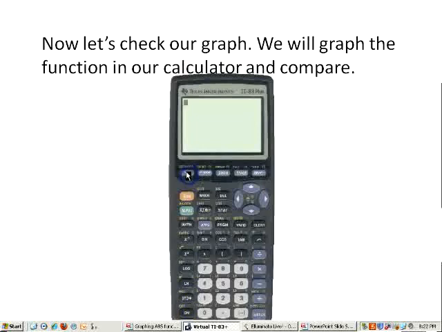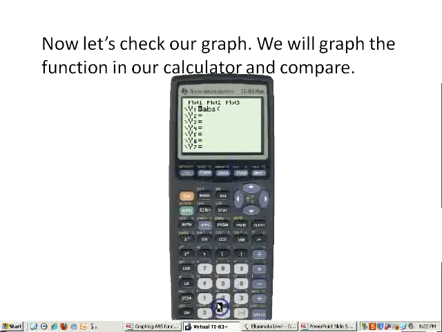I want to go to my y equals screen, turn the calculator on, then go to y equals screen, and I want to type in the absolute value function. The absolute value function is under the math key, so I go to math, then arrow over 1 time to the num column, and absolute value is the first function there, ABS.